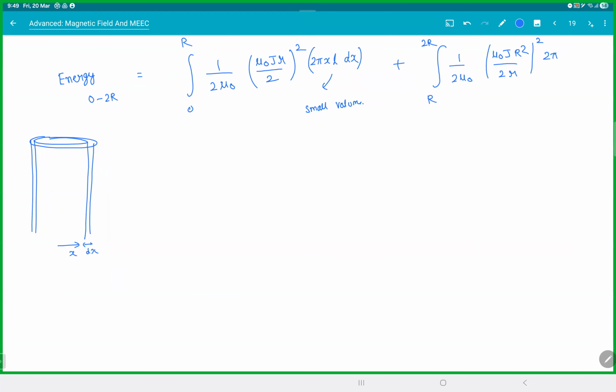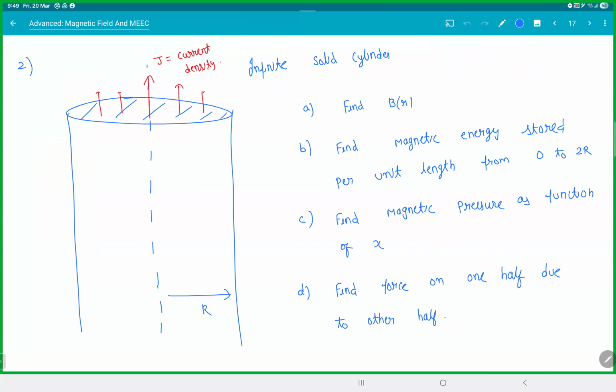So calculate this. This will be the energy stored up to R. Clear with this? Energy density thing. So that's how you get the energy. What about the pressure?